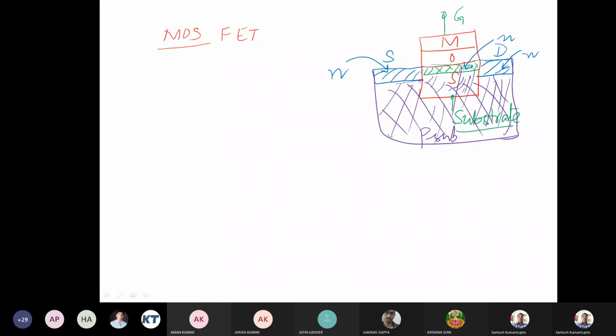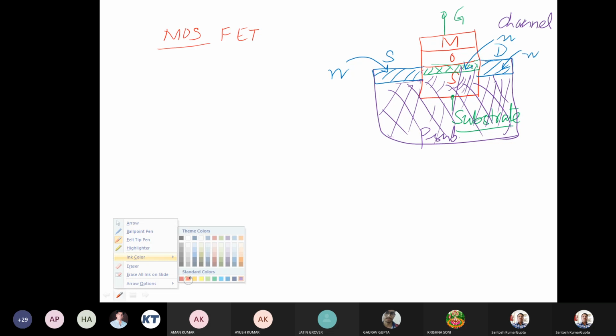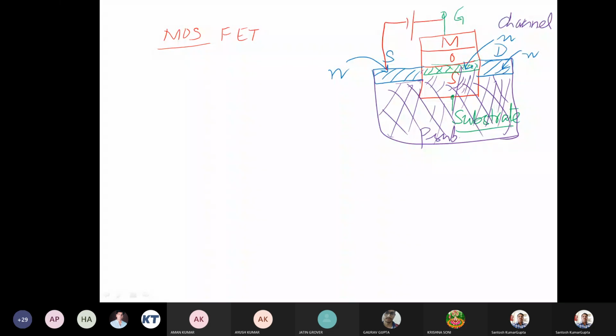Now, in the depletion type of MOSFET, the channel is already there. The channel is inbuilt, so we need to apply only a biasing voltage across drain and source.